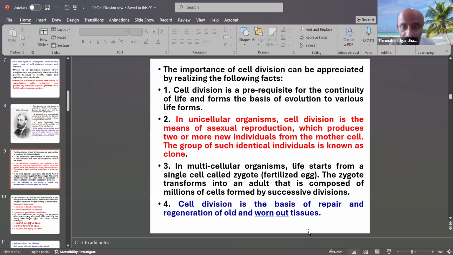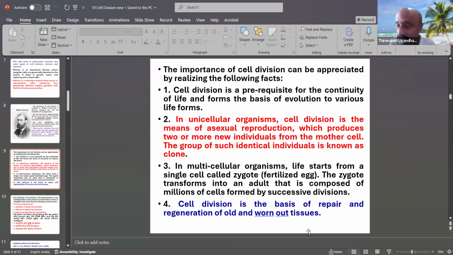In unicellular organisms, cell division is the means of asexual reproduction. In the lowermost or primitive organisms, only asexual reproduction is there, not sexual. Example, class Cyanophyceae. In bacteria, a few species, such as archaebacteria.